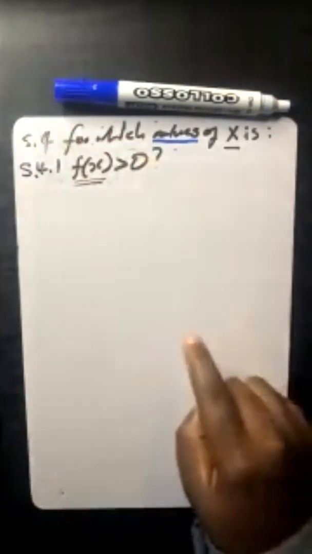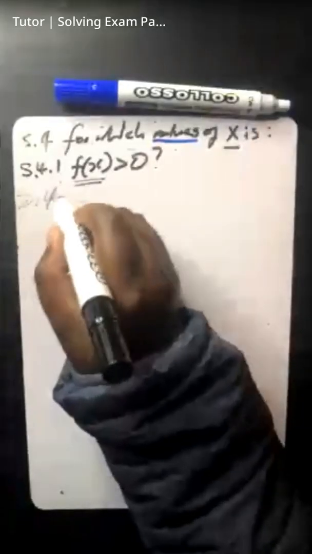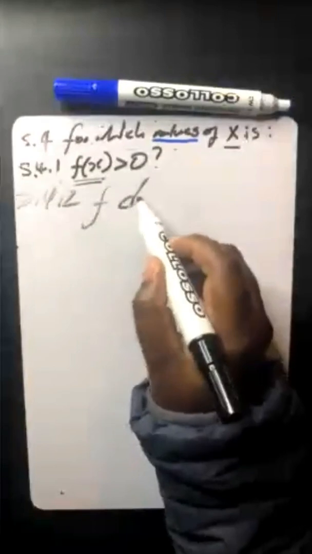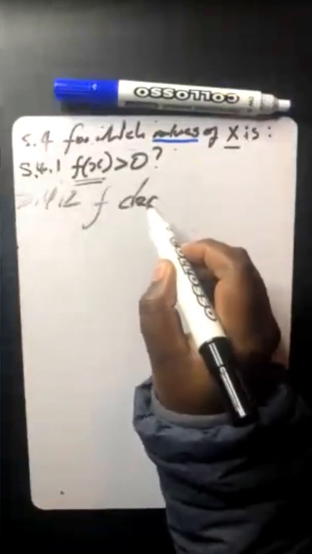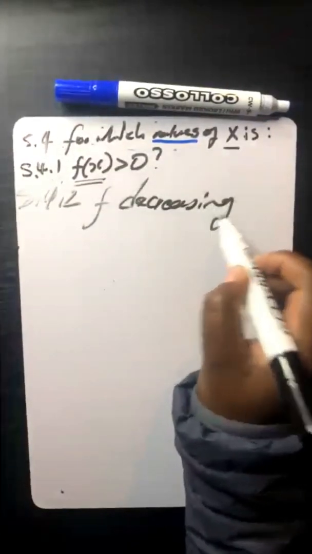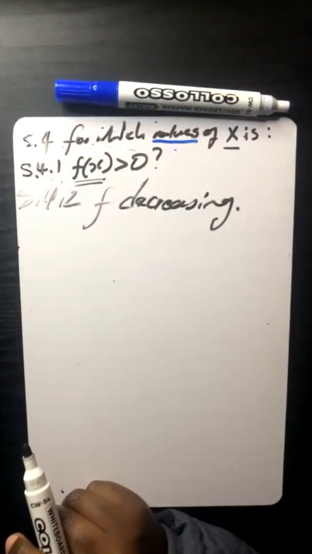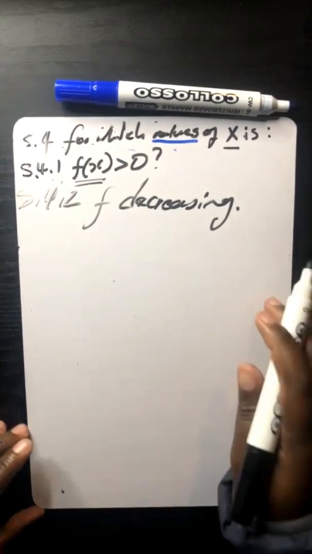Let's see. The last question says, remember, it is still for which values of x. The last one says 5.2, f is decreasing. Let me quickly explain this one.